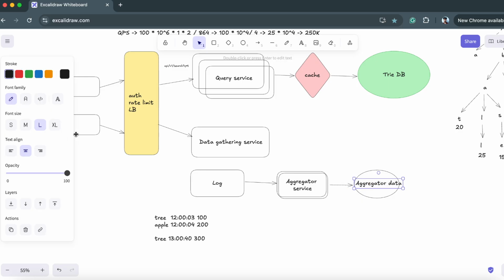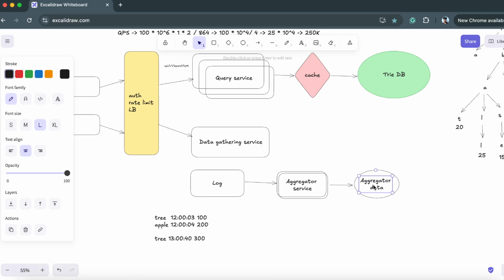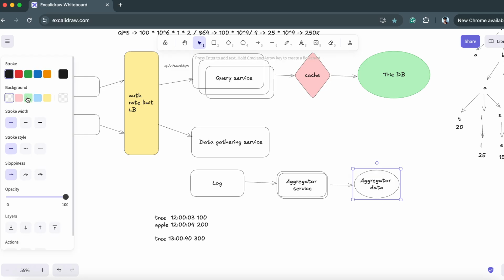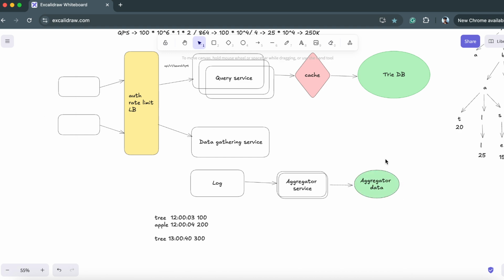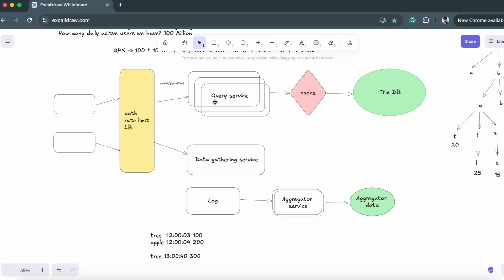Let me just put it downside. Now the idea is how frequently this data needs to be updated. If we look at Google, I don't think they really update this DB very frequently, because it would really affect the query services.